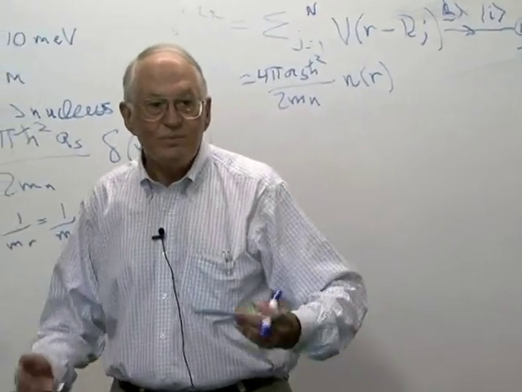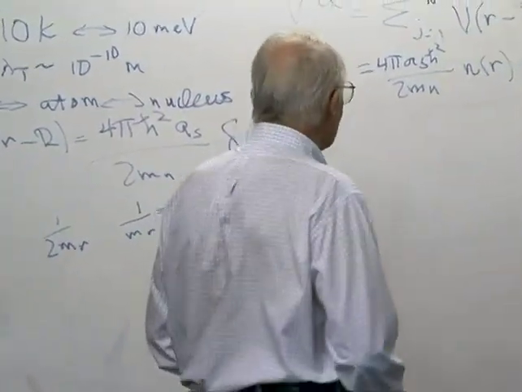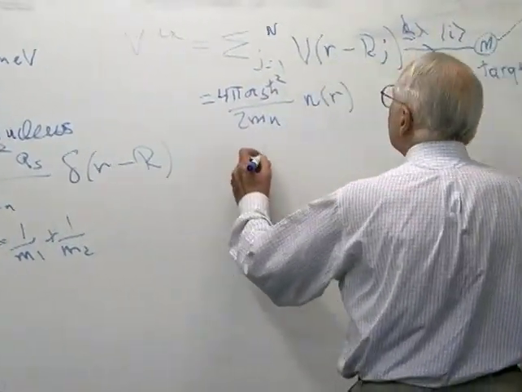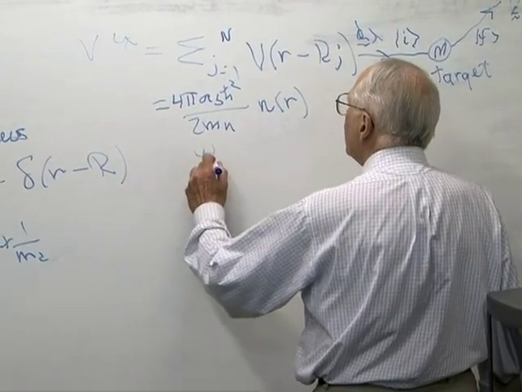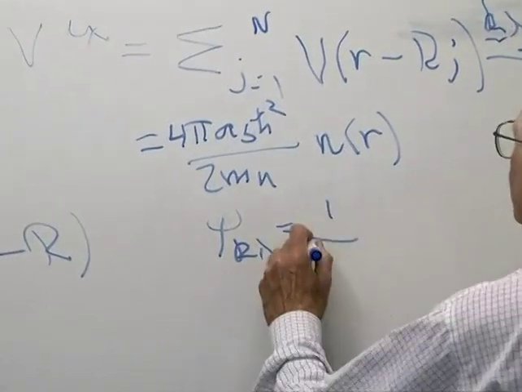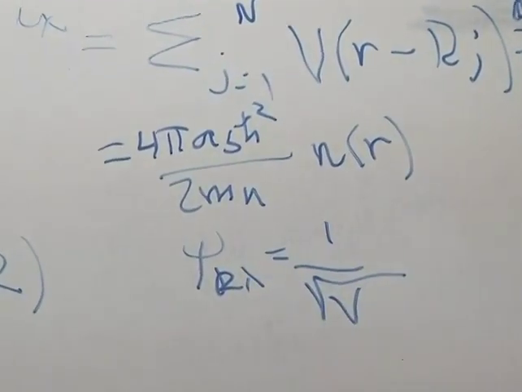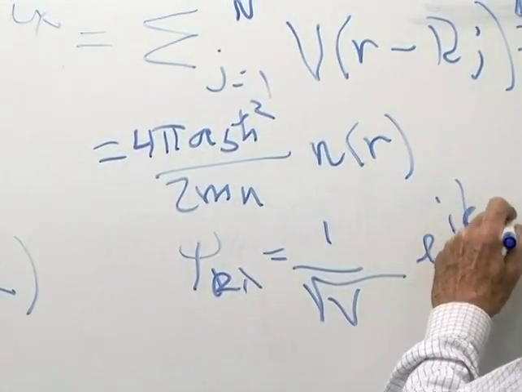So now we're just going to do basic quantum mechanics. The neutron wave function, let me write it, psi k lambda for the neutron, is 1 over the square root of V, taking a box normalization, e to the i k dot r.